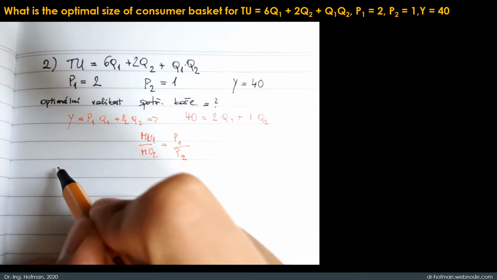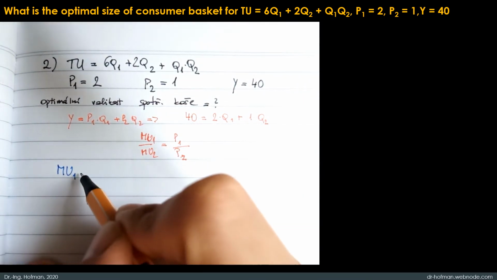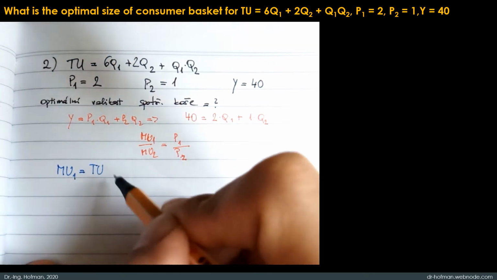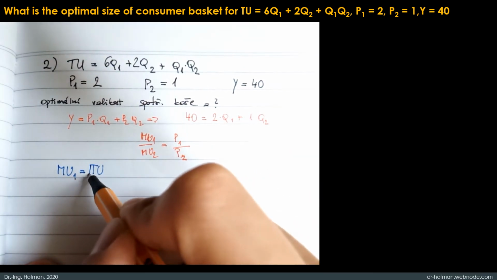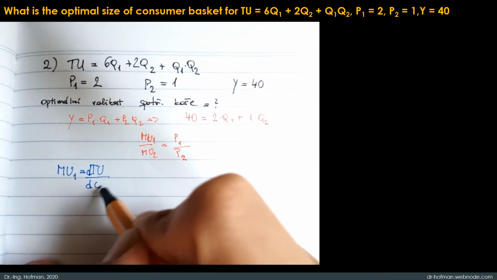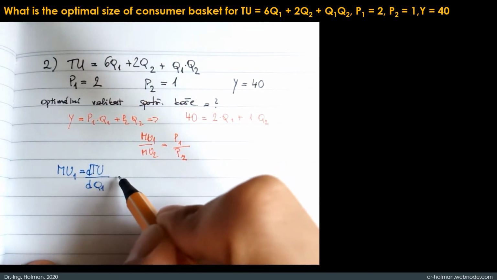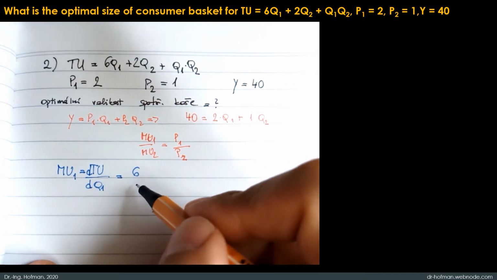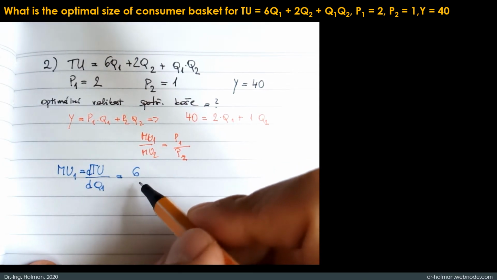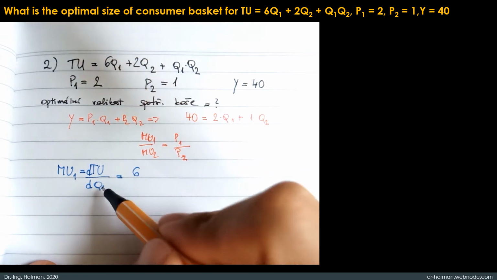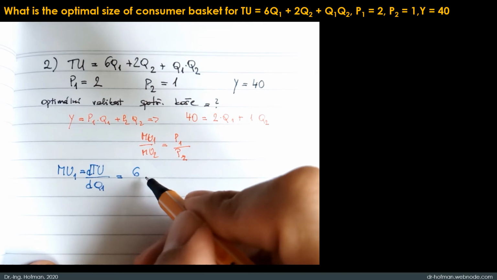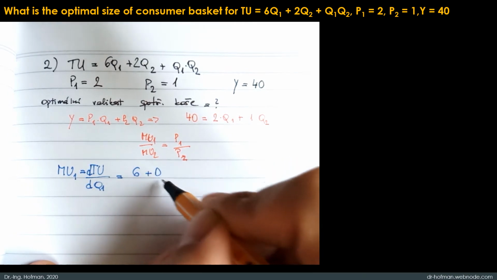Thus, marginal utility 1 is the derivative of the total utility according to quantity 1. That is 6 if we derive according to Q1, then Q2 falls out of the second member of the sum, and Q2 remains of the third member of the sum.